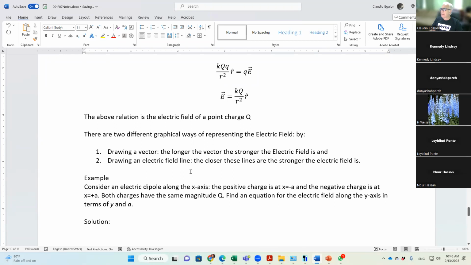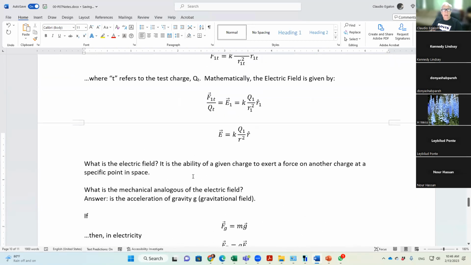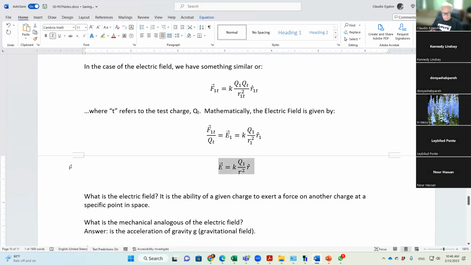Just like the force, the electric field obeys what we call the superposition principle. And what does it mean?